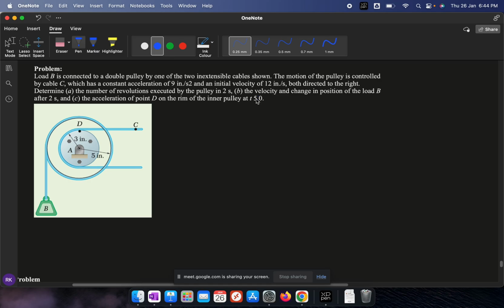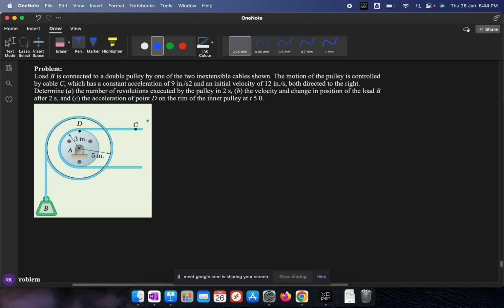Okay, so it is a very straightforward problem. Let's solve it and see what we are getting. The load B is connected to a double pulley, one of the pulleys is controlled by this cable, which has a constant acceleration of 9 inch per second square.